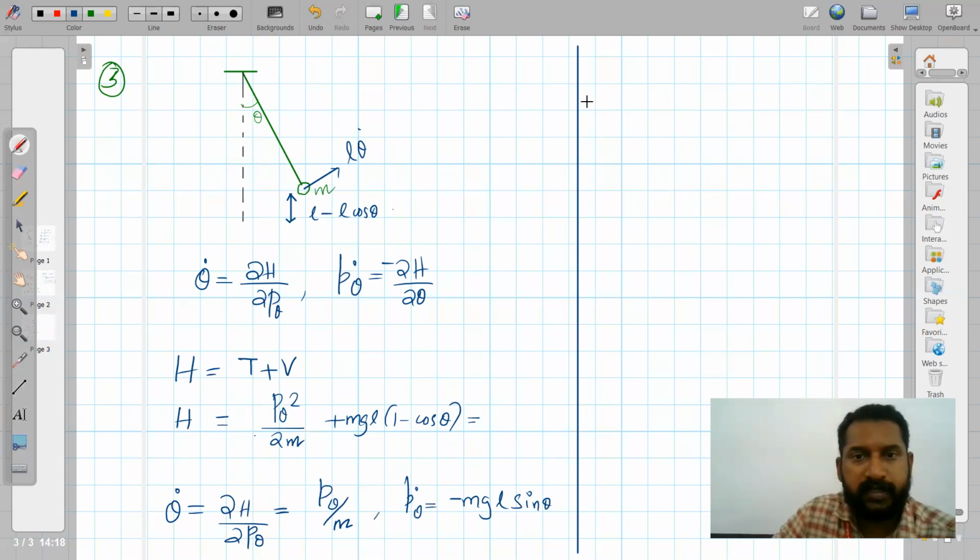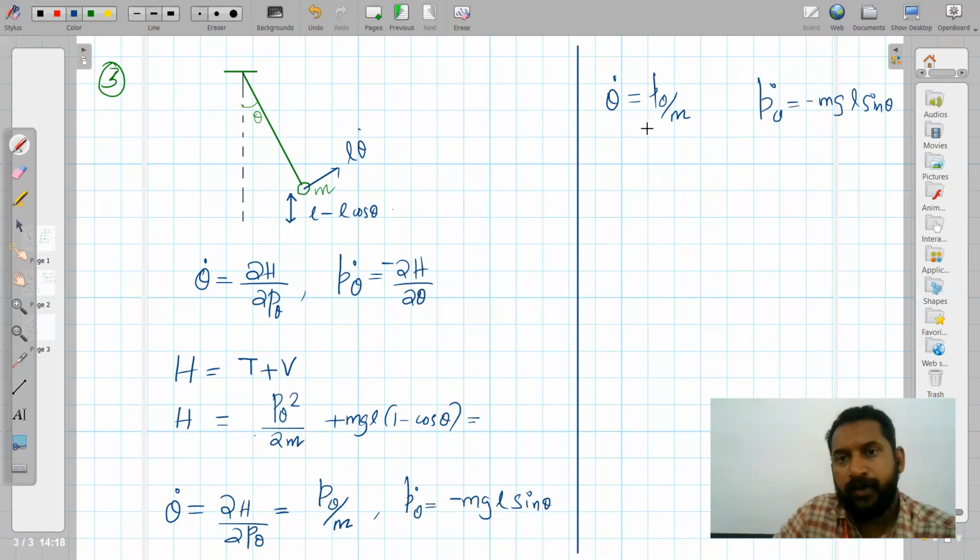You have two equations actually. Theta dot is equal to p theta by m L square and p theta dot is equal to minus mgl sin theta. You can substitute p theta as m L square theta dot from the first equation into the second one.